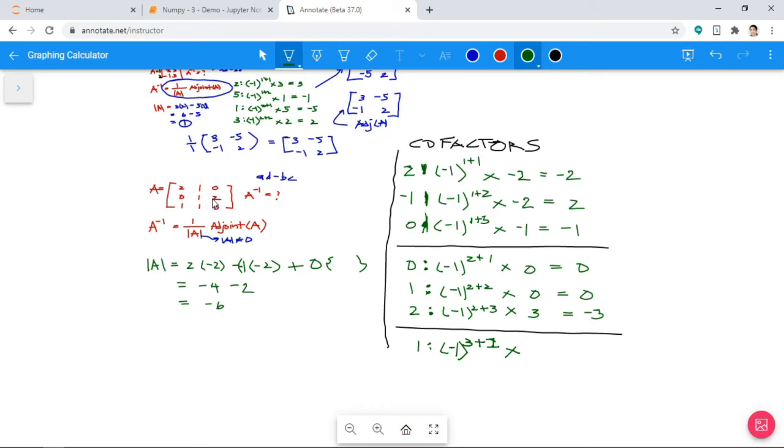Then 1 times 0 is 0 already. Okay, so we will have here negative 2. So this is a positive 1 times negative 2, so this one will result to negative 2. So next we have 1 again. So we have 1.